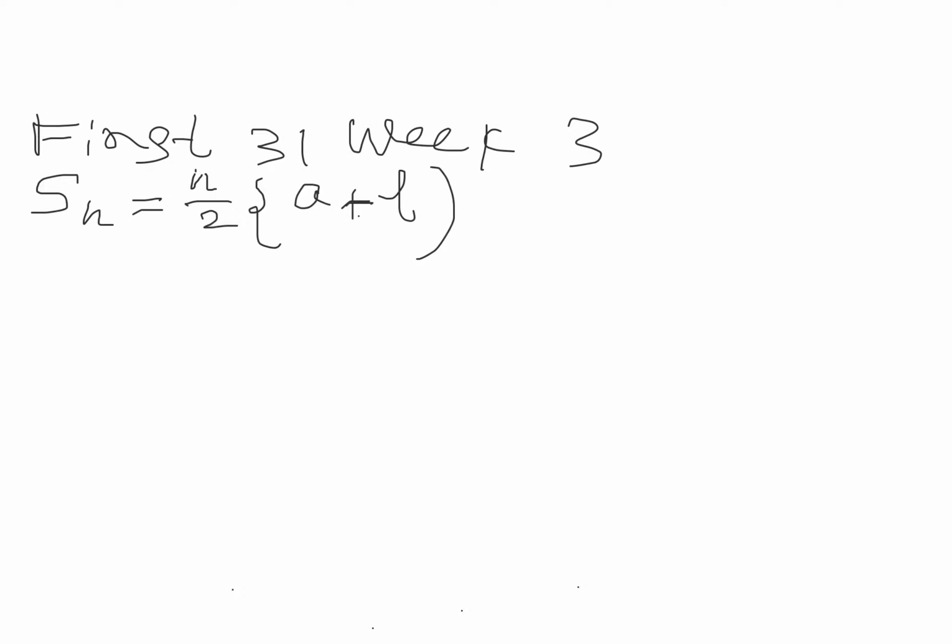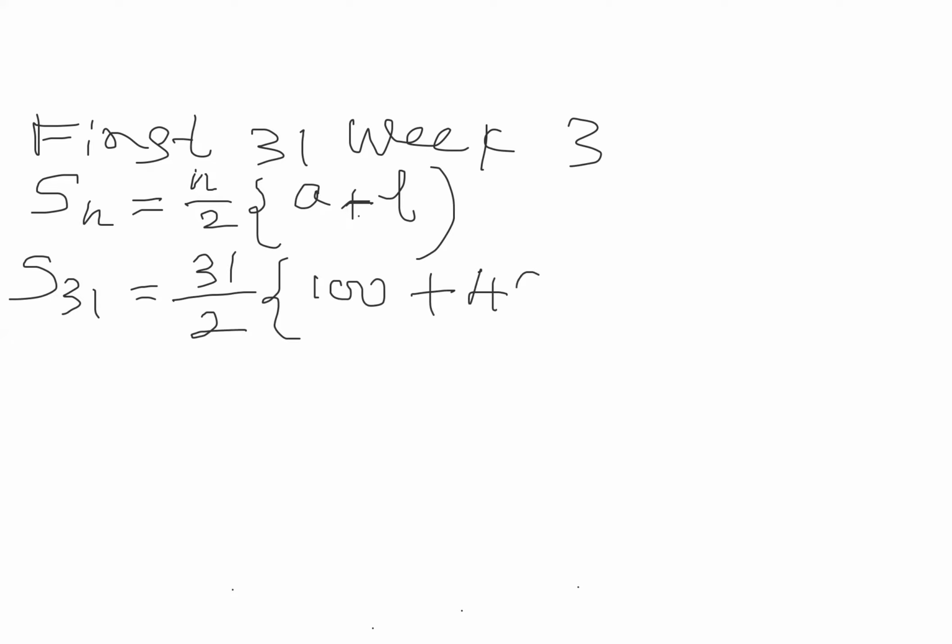Because we know the last term, that one is 31. So then that is very easy. S31 we have to identify, right? N is 31, divided by 2. A we know already, 100, we found that. And L, the final term, we also know, 400.